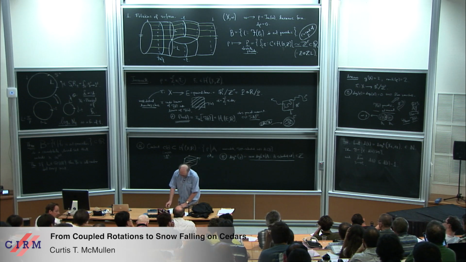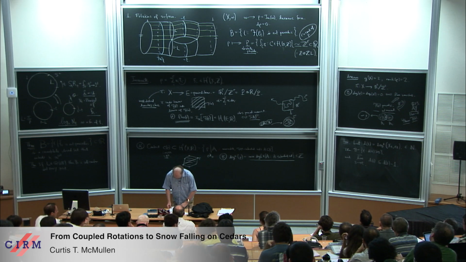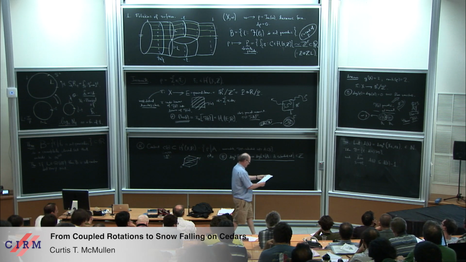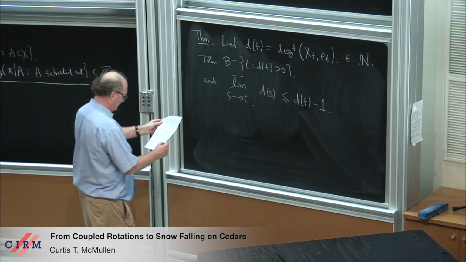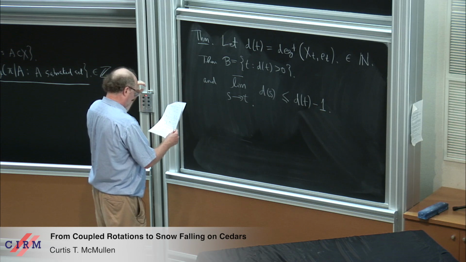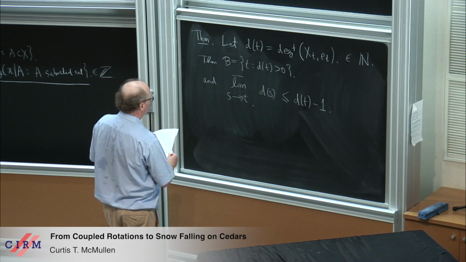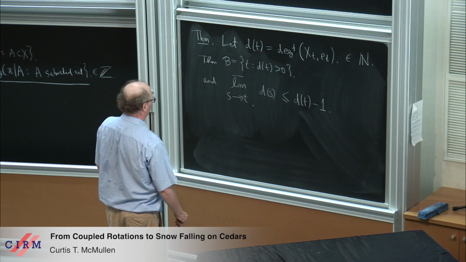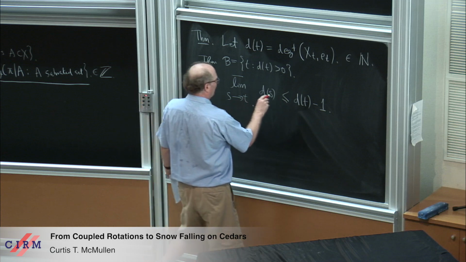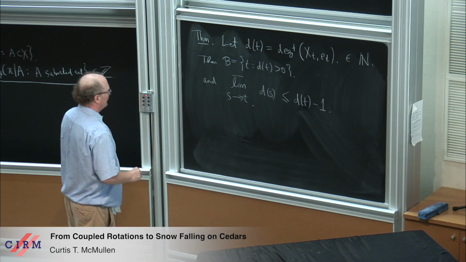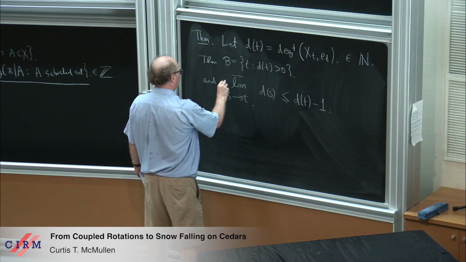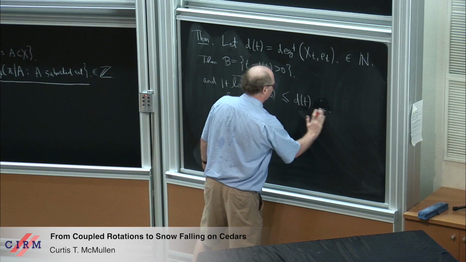Let me just consult my notes. Sorry, so let's see. What I want to say is that the complexity goes down in the limit. So I want 1 plus this is less than or equal to. I guess that's equivalent.